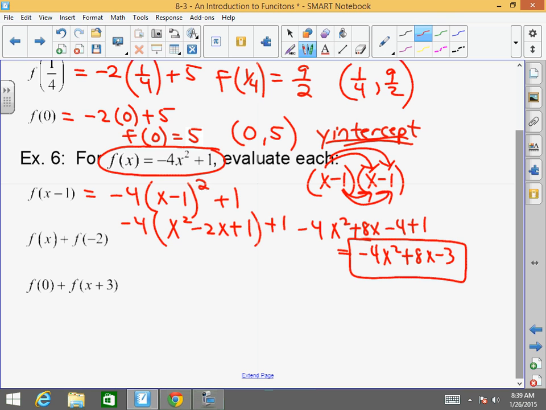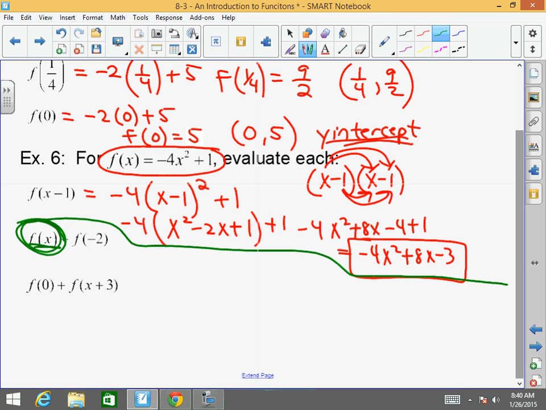Promise. Okay. Now, f of x plus f of negative 2. I have two different things here. I'm adding two different functions. For f of x, what am I replacing the x with? X, guys.